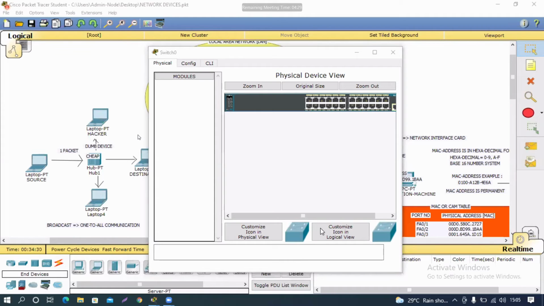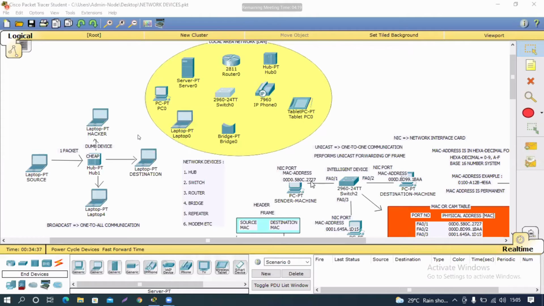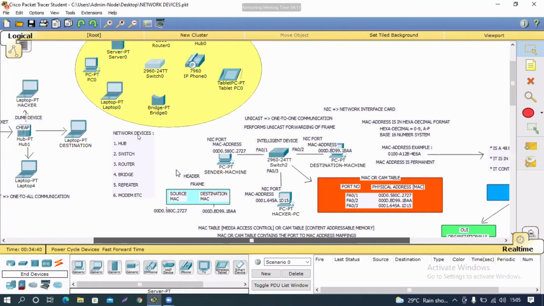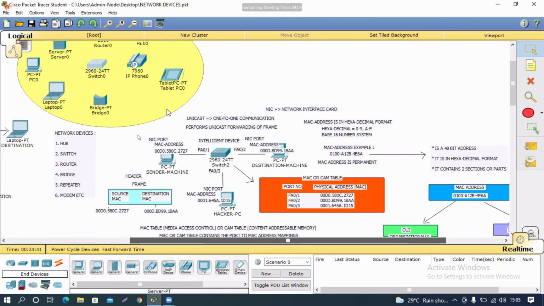24 machines. So when you are connecting 24 machines, they can all do communication without any problems. So this is the device which we consider intelligent. Why? Because it always uses MAC addressing information to perform forwarding of packets.